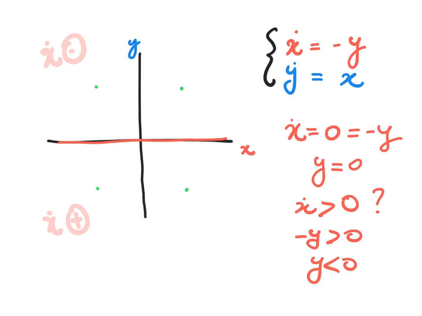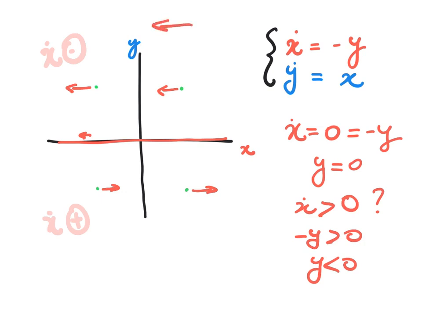So the action on these states on x is states move to the left here, and states move to the right here. The closer they get to the x-axis, the smaller the flow, the smaller the intensity of the flow. And similarly, the further away they are from the x-axis, the larger the flow.